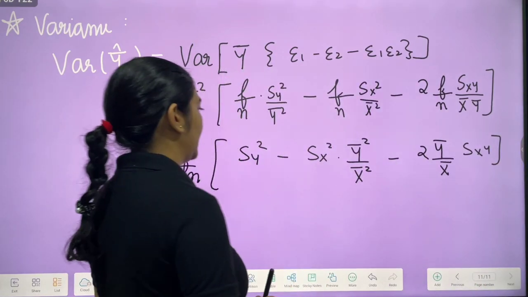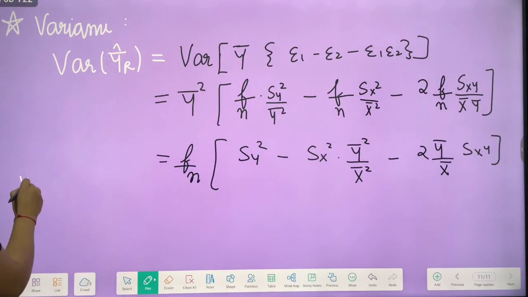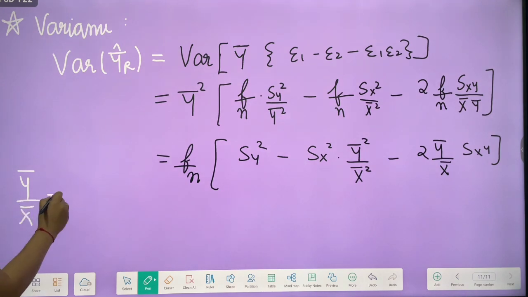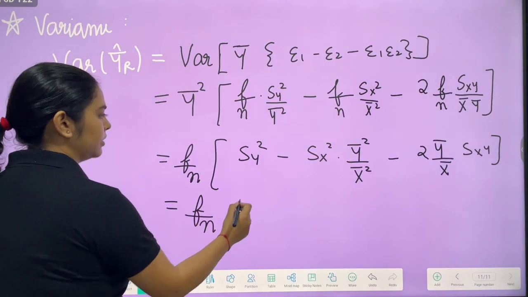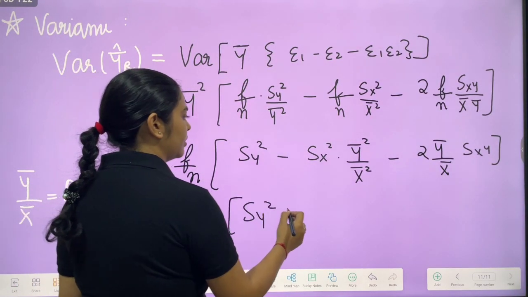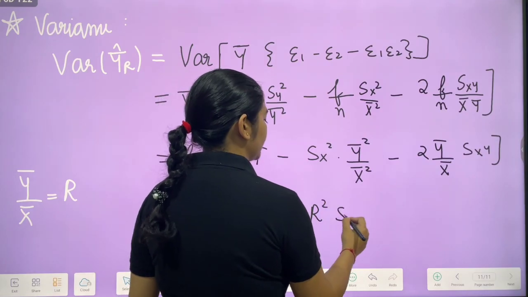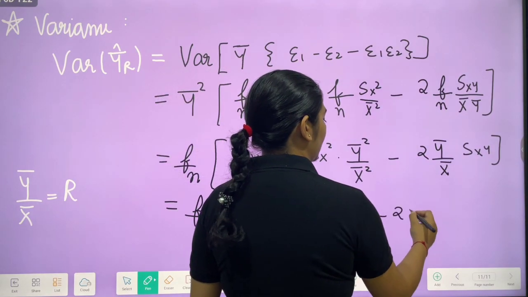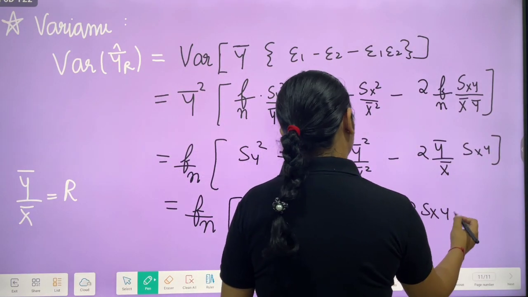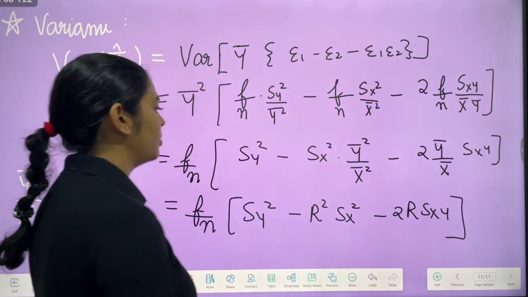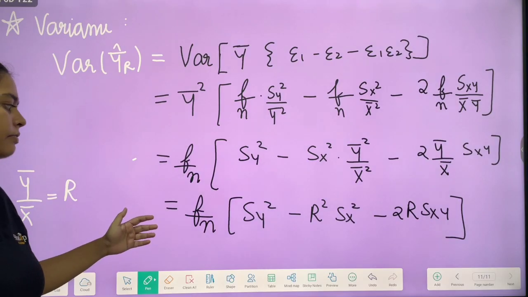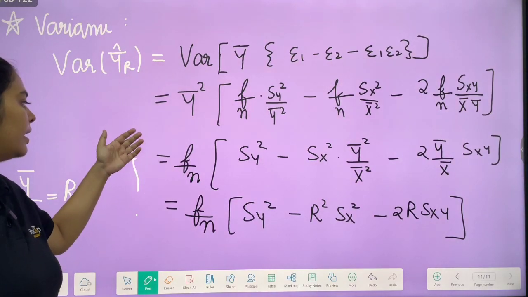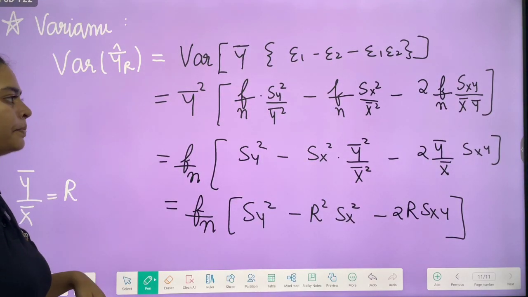If we take y bar upon x bar as r, suppose, then our formula for variance will become f by n into sy square minus r square sx square minus 2r sxy. So this is the formula for variance. Till here it is also correct, and this one step is also correct. You can write any of the following from them.